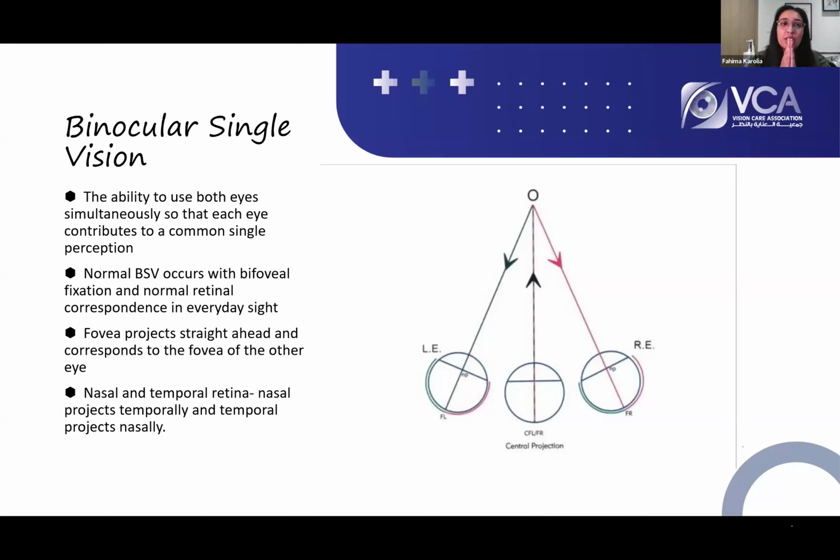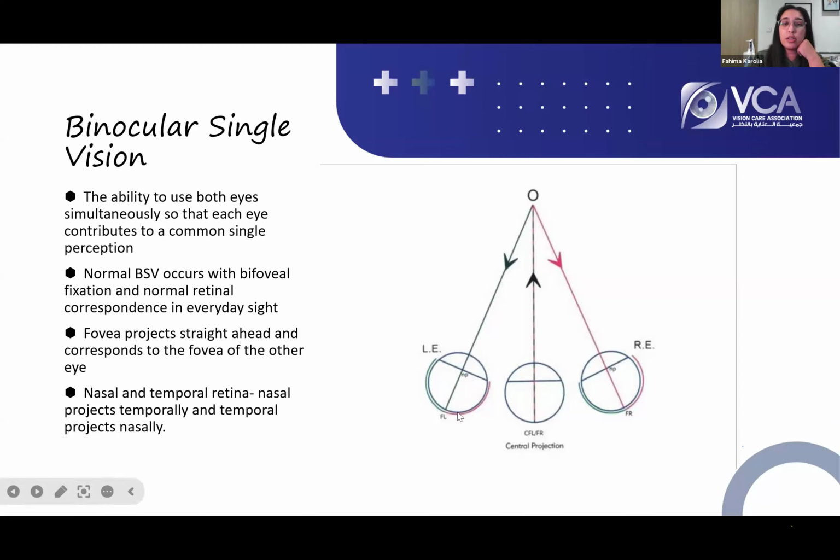we call binocular single vision the ability to use both eyes simultaneously so that each eye contributes to a common single perception. Normal binocular single vision occurs with bifoveal fixation and normal retinal correspondence in everyday sight. So we've got this lovely little diagram over here. We have, say, the left eye over here, the right eye over here, an object over here.